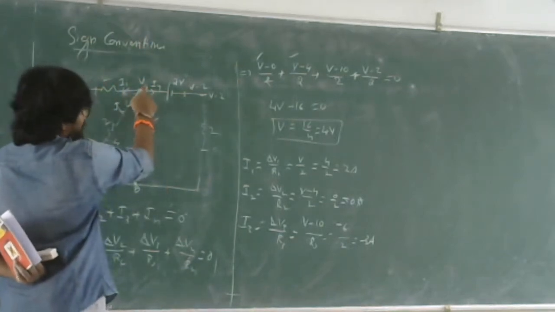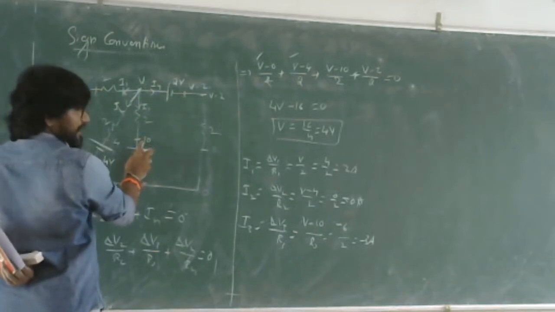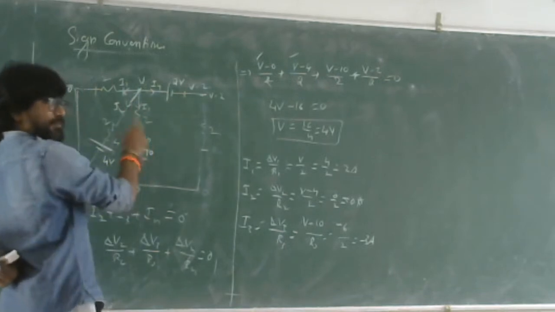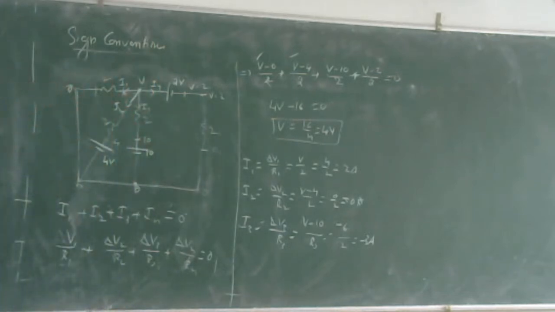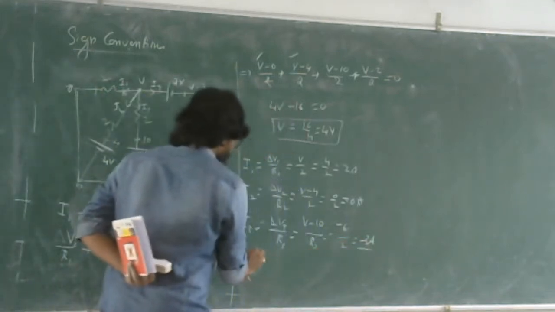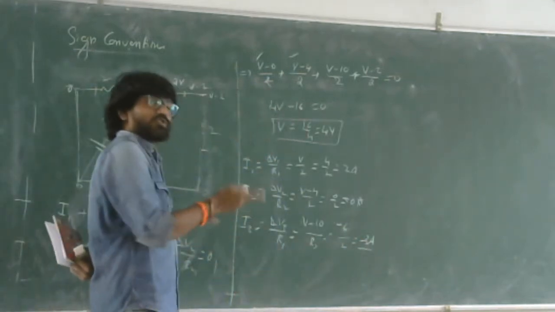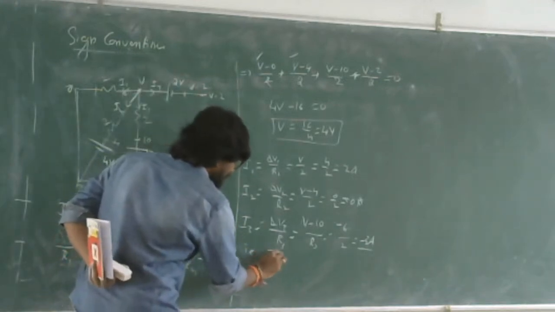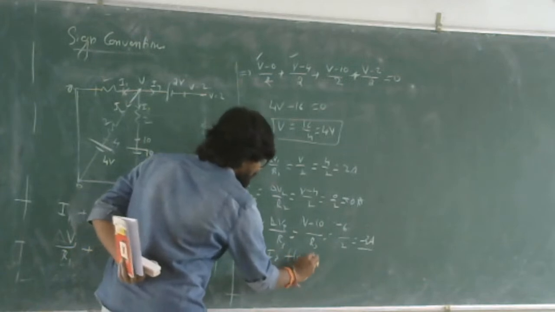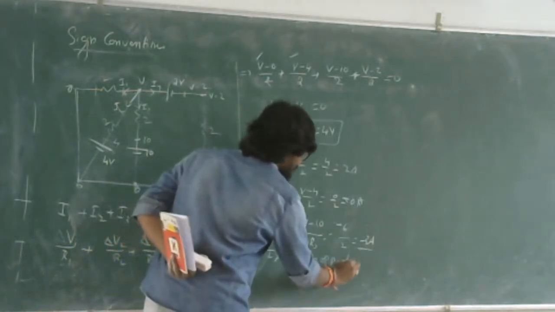V is 4 and the other is 10; 10 is higher, so current flows from higher to lower, in this direction. We had taken it the other way, so we are getting a negative sign. That means the current is going in the opposite direction. You can write down here: the negative sign says the current I3 flows in the opposite direction.